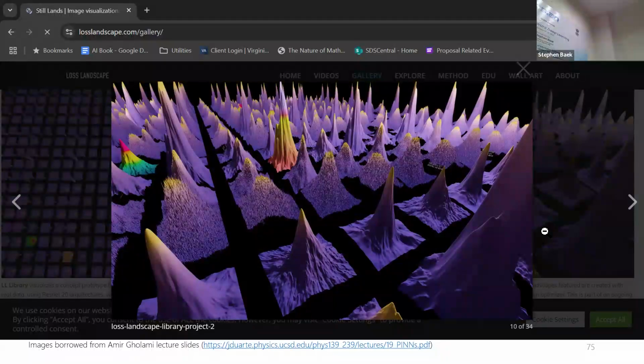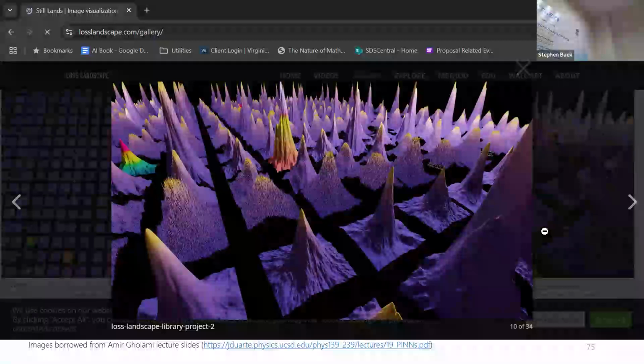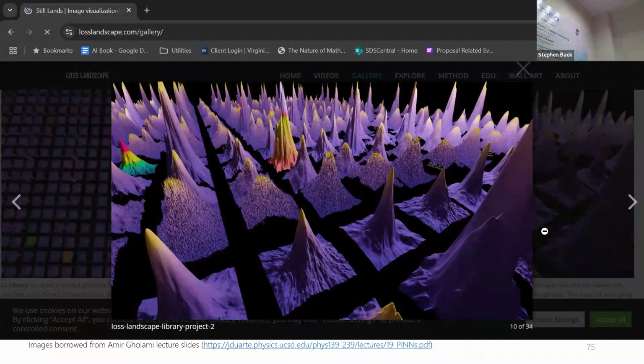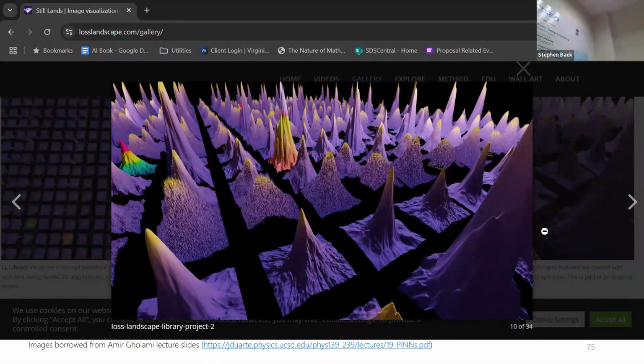Under certain settings, you have a nice smooth surface near the minima. But for the settings that are not so great, you get to see these noisy spikes, which are inherently harder to optimize.